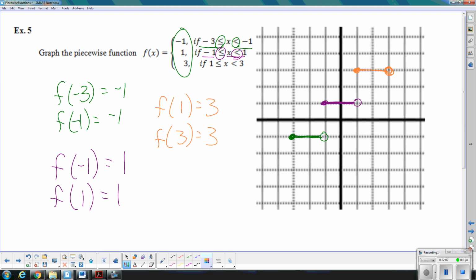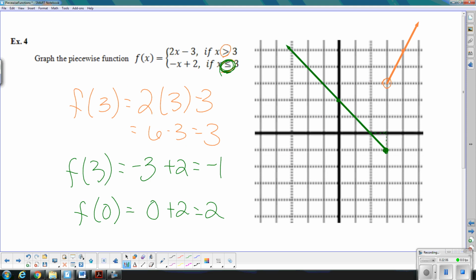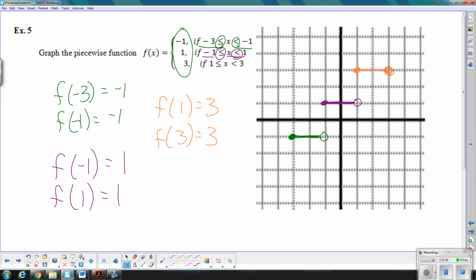Okay, so if you look at this graph, it looks a little bit different than our previous graphs. This is called a step function. If you remember from the beginning, a step function is a piecewise function where it looks like a set of stairs. There's a constant value over each part of the function's domain.